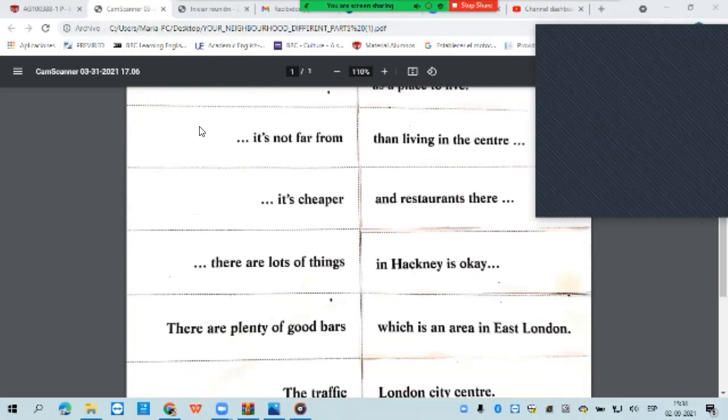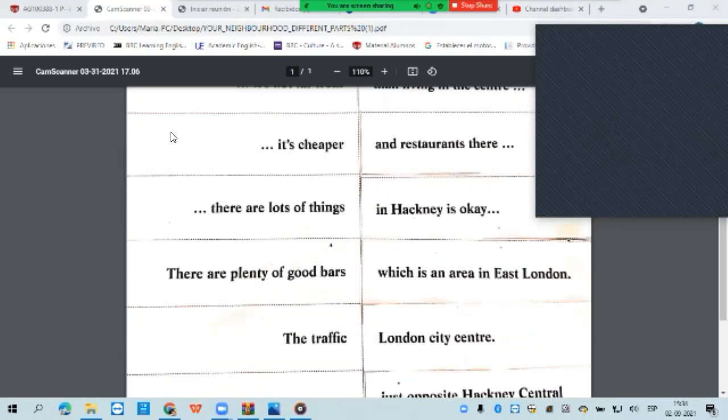There are a lot of things to do in Hackney. Very good. Let's see the next one. There are plenty of good bars and restaurants here.